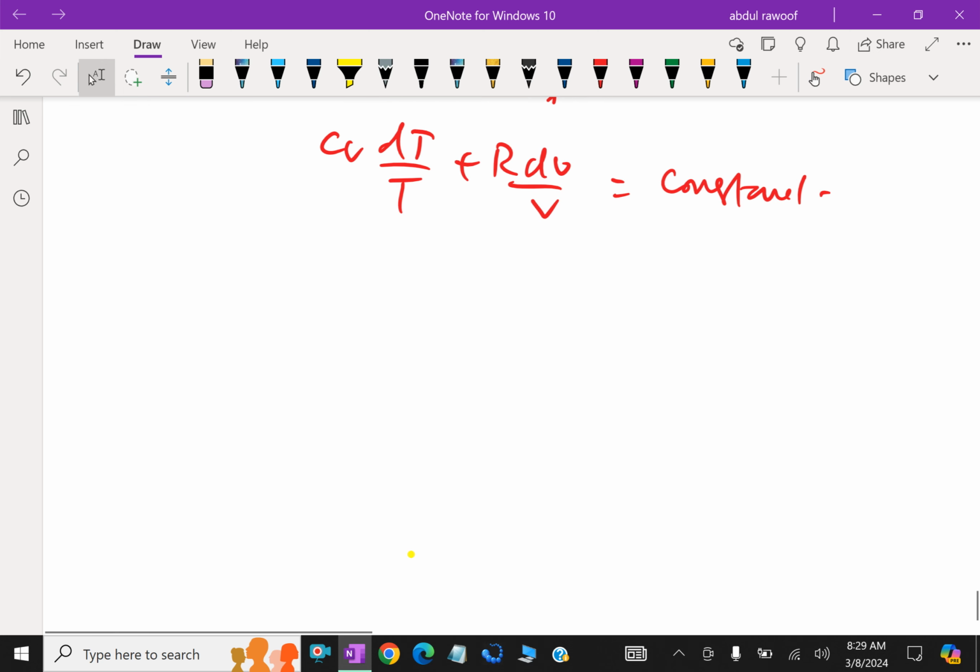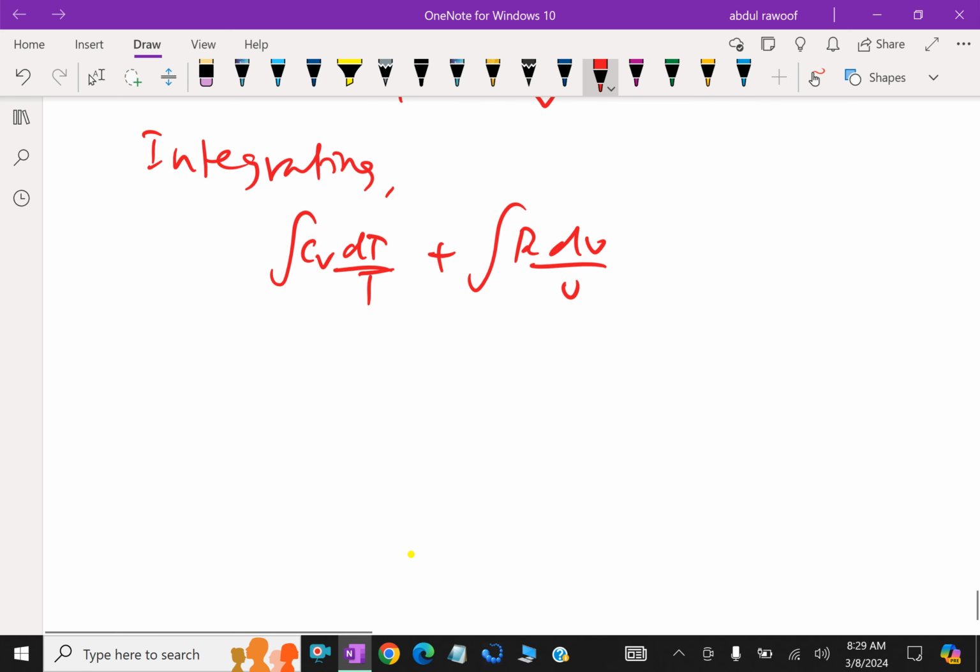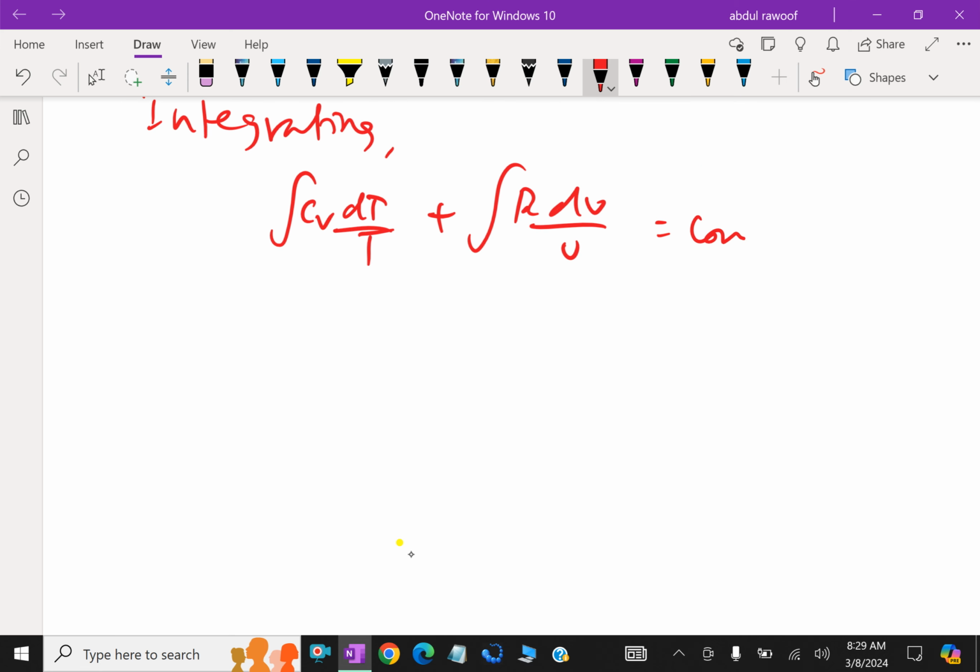Now integrating, that is integrating Cv dT by T plus integrating R dV by V equals constant.